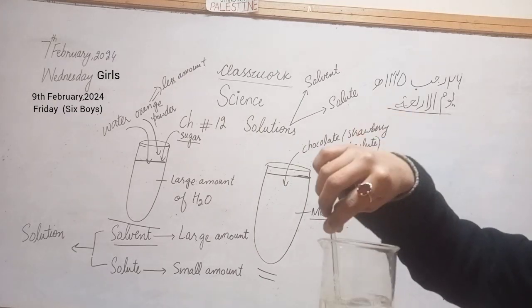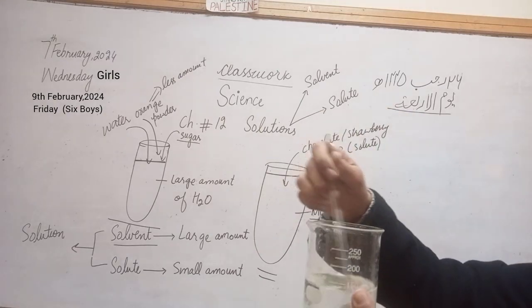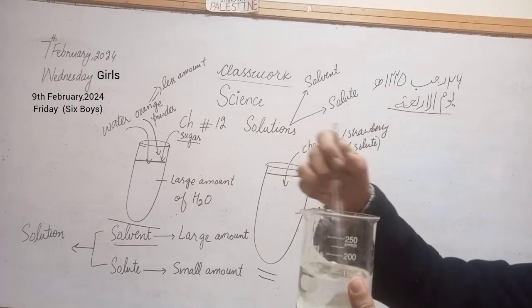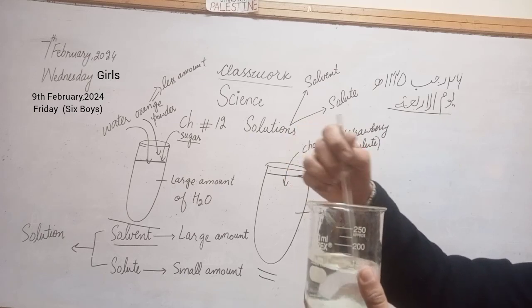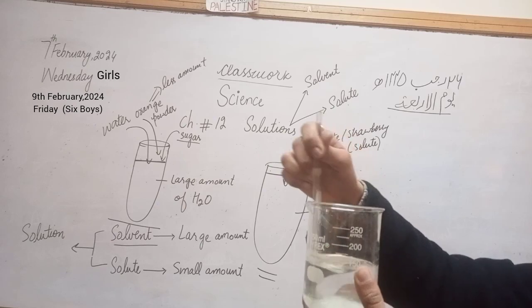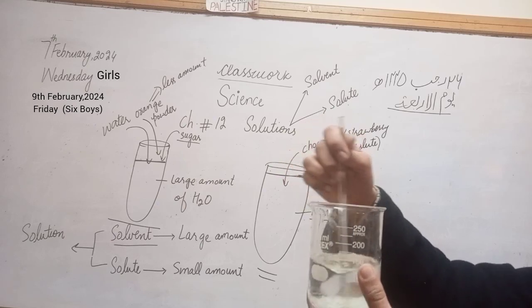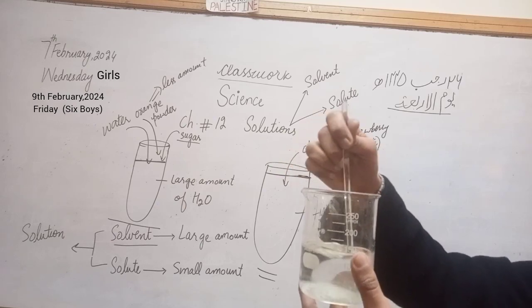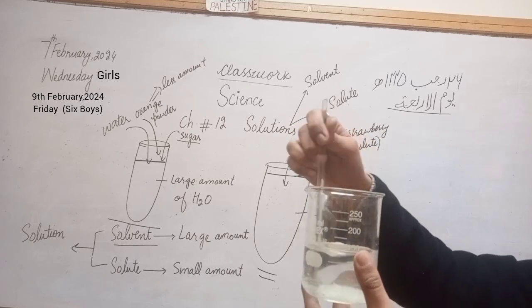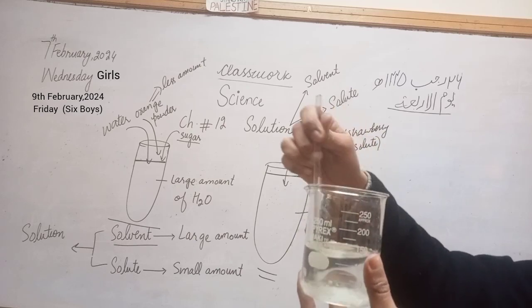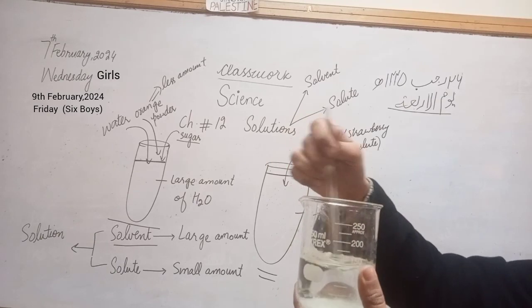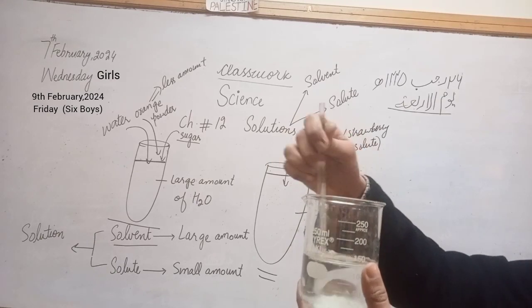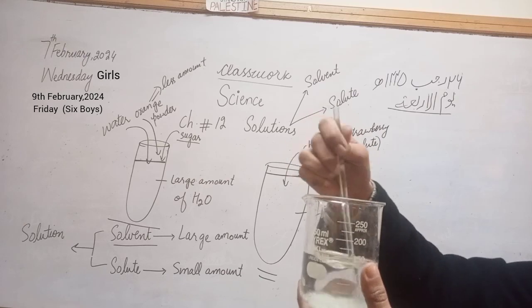And we will stir. By mixing we will get sugar syrup. It is known as solution. Okay? We will mix these two things and we will then make solution. By continuous stirring we will get our drink.